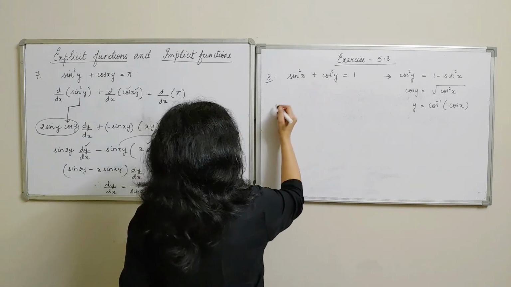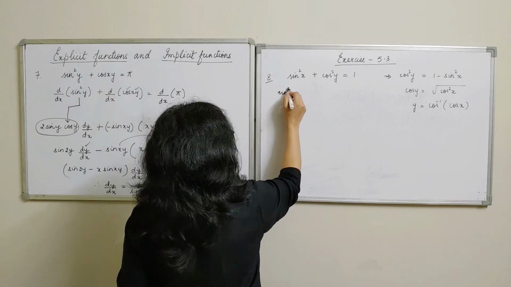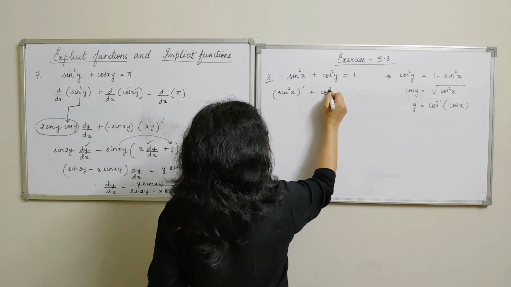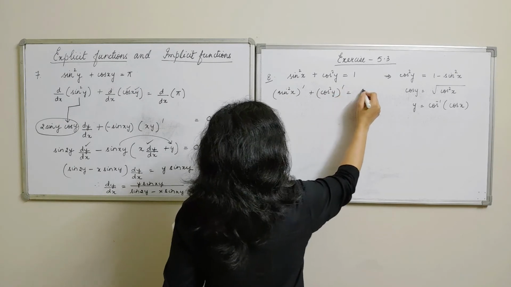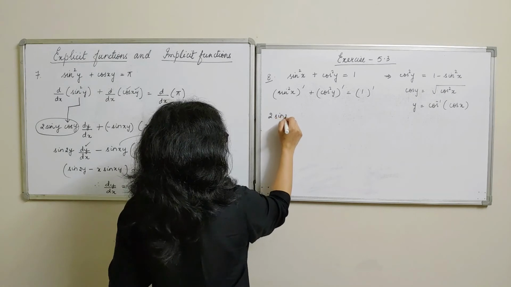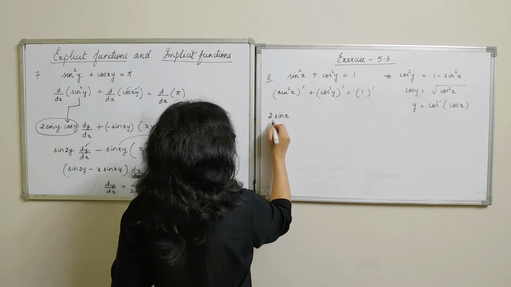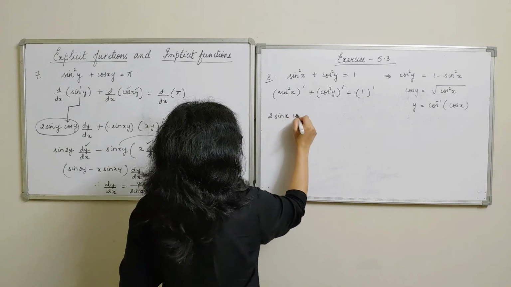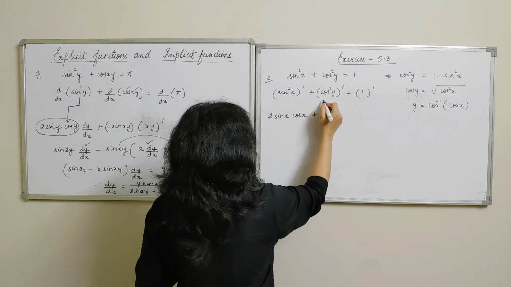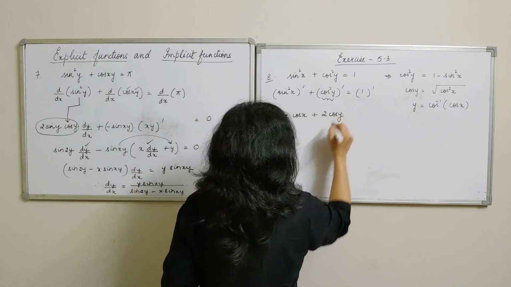Now to differentiate it, differentiating the left side with respect to x, here we get 2 sine x. This is a composite function because the power of the sine function is 2. So 2 sine x, then differentiating the sine function we get cos x, and the derivative of x is 1, plus this is again a composite function, so it will be 2 cos y.